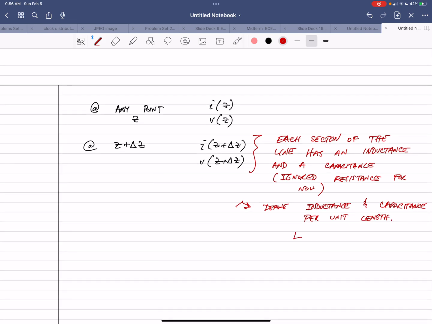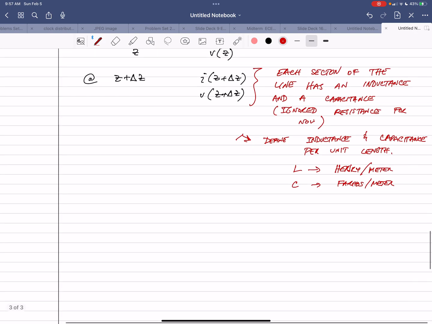So L has units of henries per meter, and capacitance has units of farads per meter.